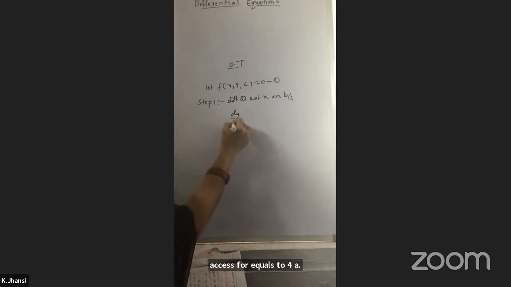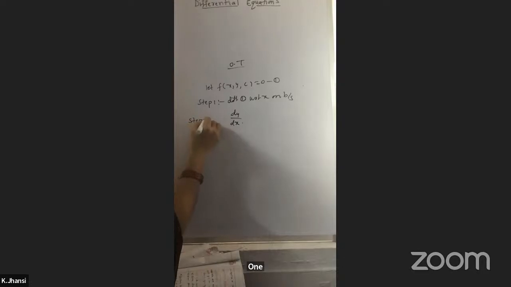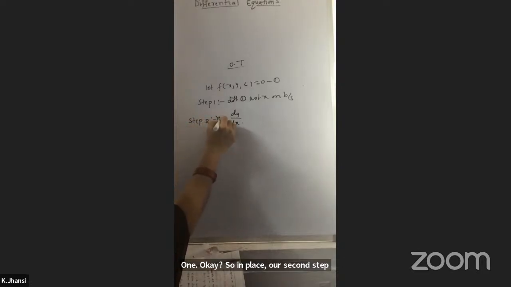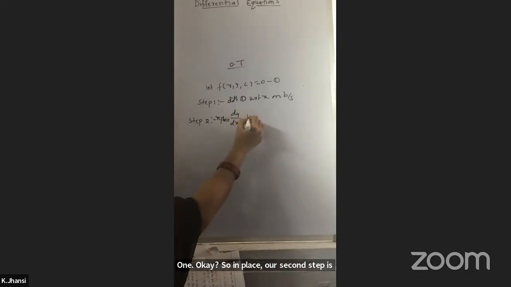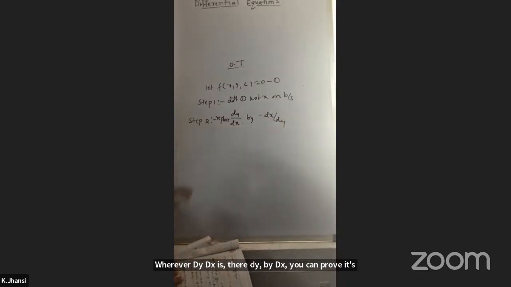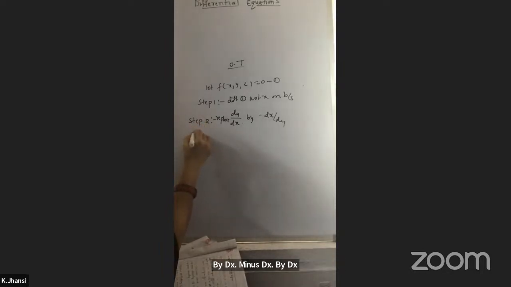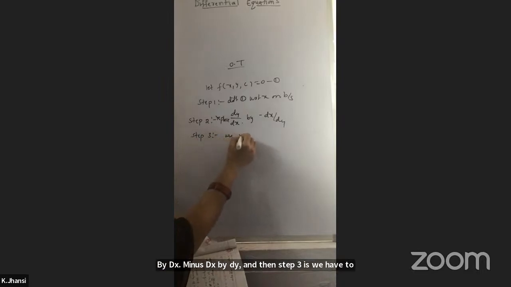Step 2 is, wherever dy by dx is there, replace it by minus dx by dy. Step 3 is we have to use the variable separable method.